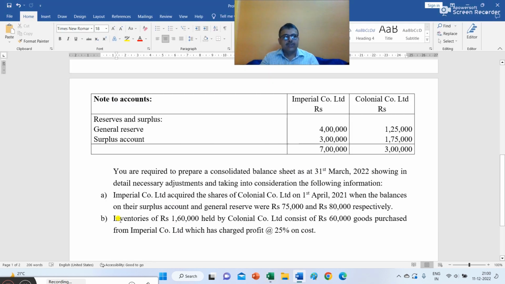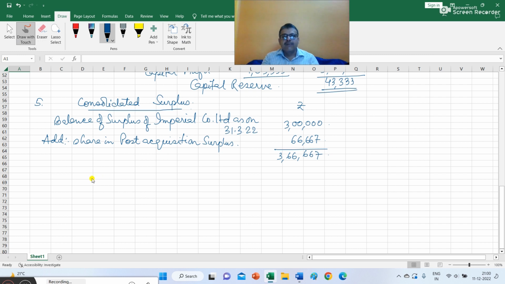Now it is given in the question that inventories of rupees 1,60,000 held by Colonial Company Limited consist of rupees 60,000, goods purchased from Imperial Company Limited which has charged profit at the rate of 25% on cost. So there was an unrealized profit in the inventories. So we have to wipe out the unrealized profit in inventory.